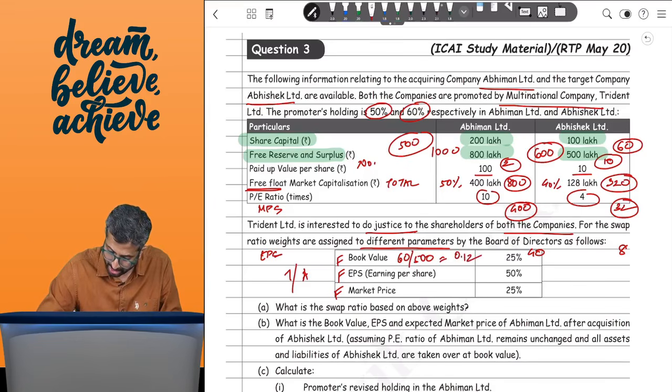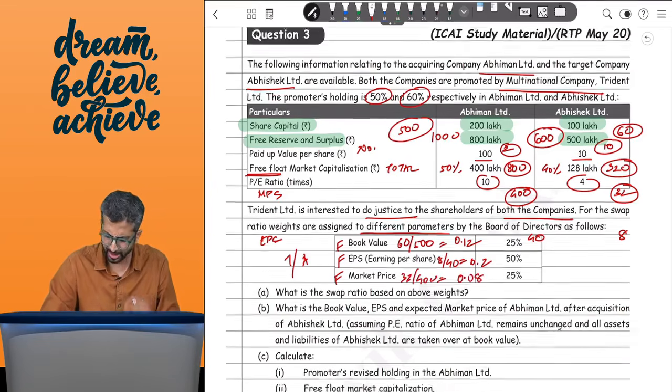Earnings per share is I think 8 rupees on the base of 40, which comes to I think 0.2, and market price is 32 upon 400, which comes to I think 0.08.